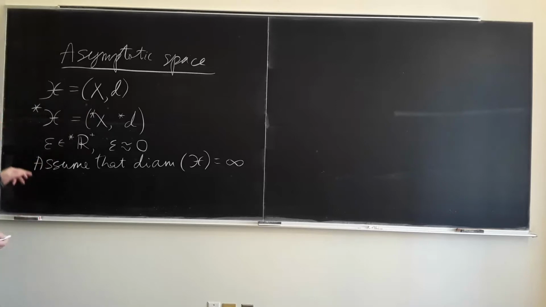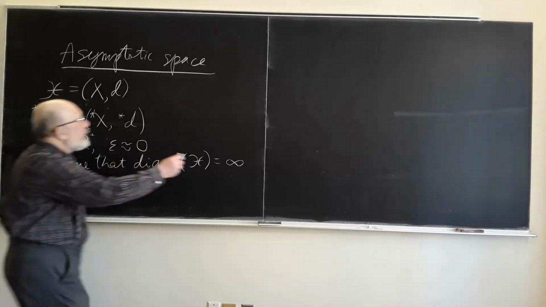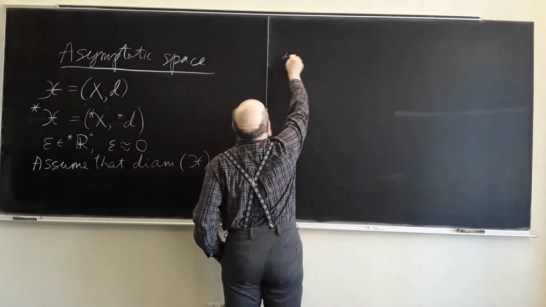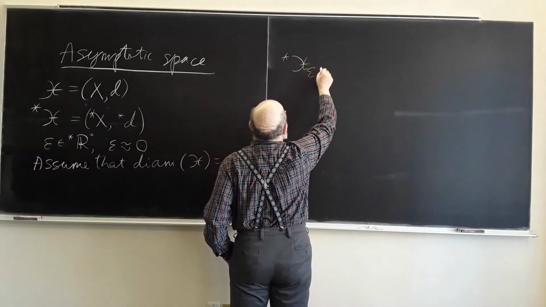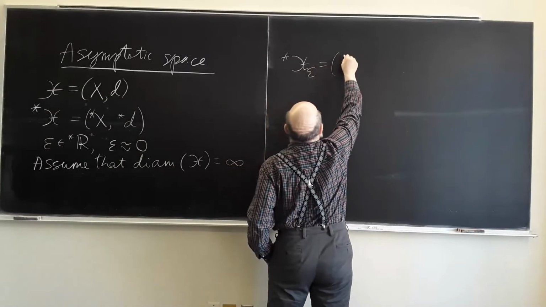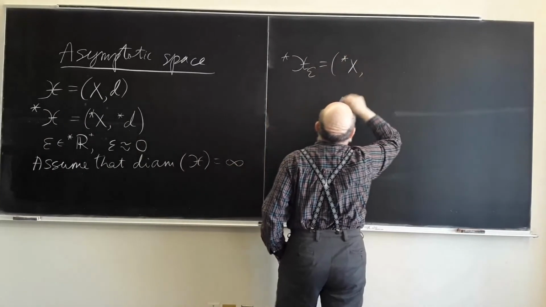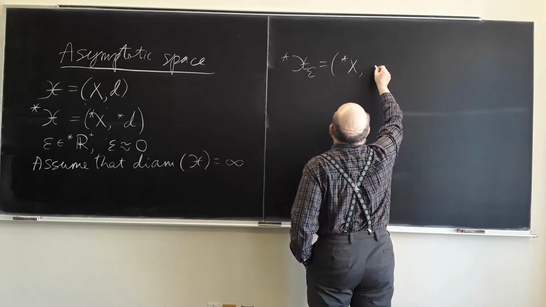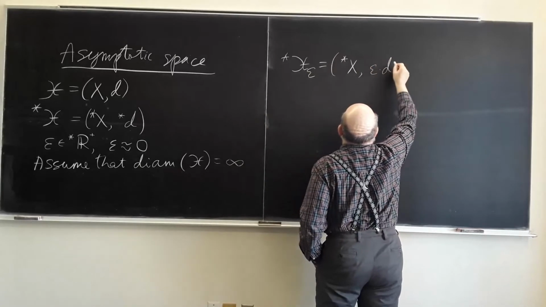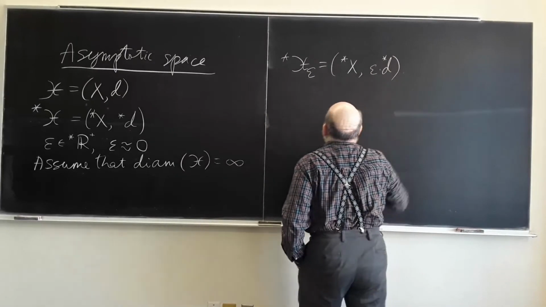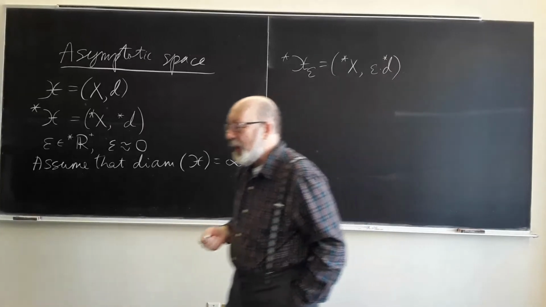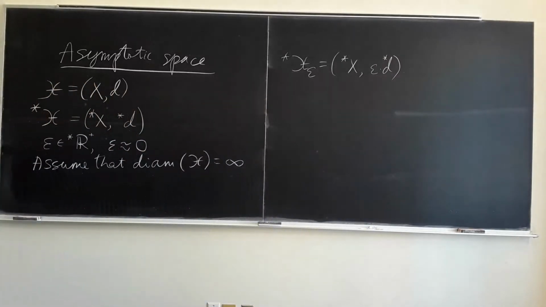Then if you consider the space star X epsilon, it is the same set star X and the function epsilon times star d, multiplied by an infinitesimal.